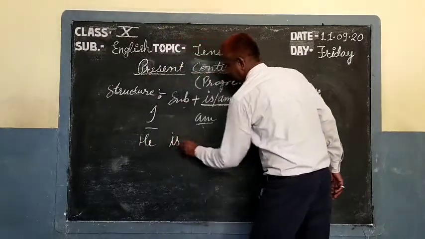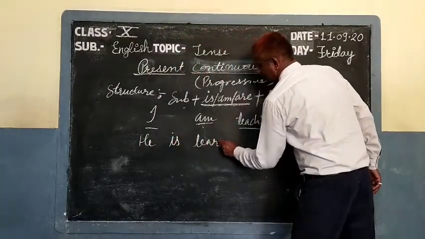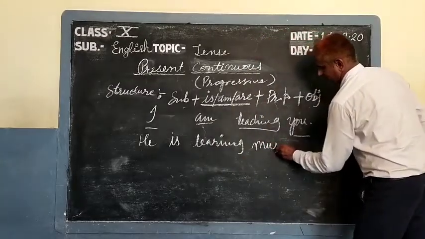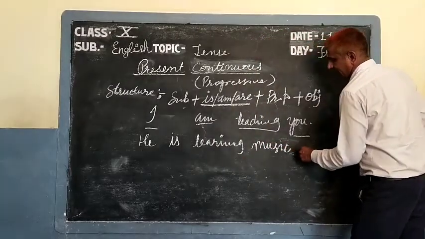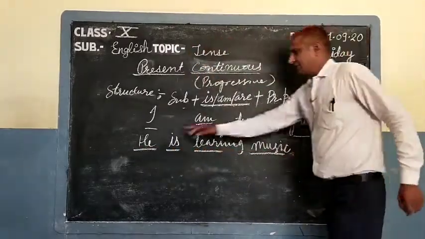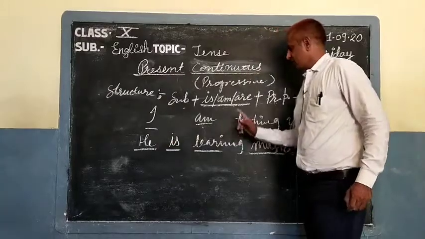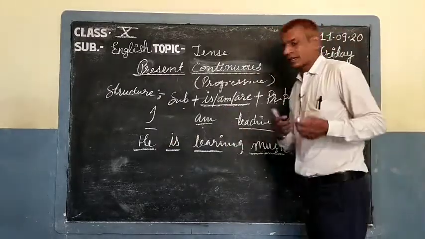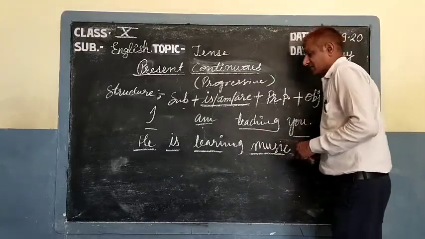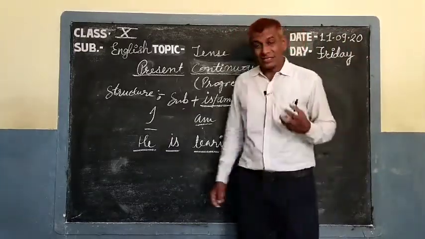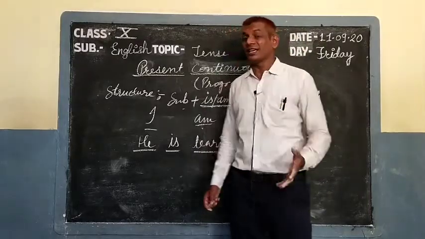He is learning music. He is the subject, learning is the present participle, music is the object. It's not necessary that he is learning now. He may be eating food now, but he is learning music.